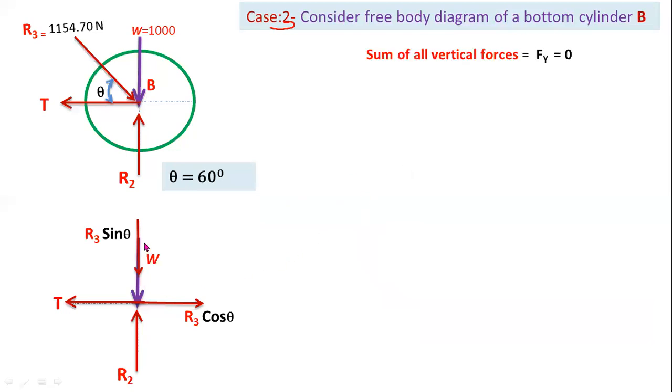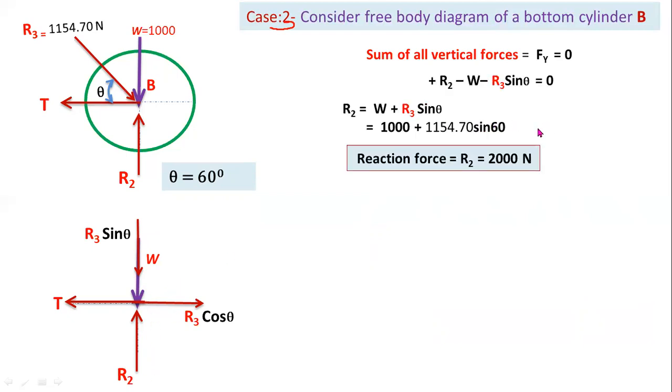First of all, resolve all the vertical forces along the vertical y-axis. For upward action, consider positive sign. For downward action, consider negative sign. Plus R2 minus W minus R3 sin theta equal 0. From this equation, reaction force R2 equal to 2000 newtons.